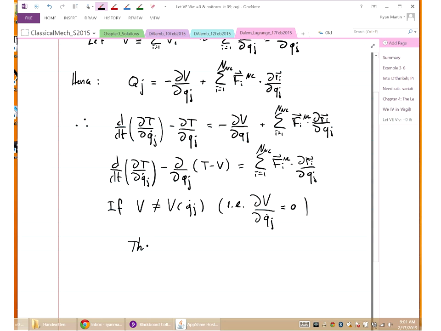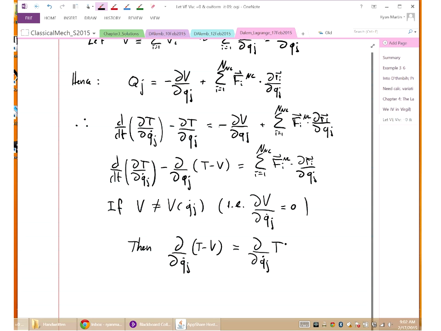In that case, ∂/∂q_j dot of T minus V is the same as ∂/∂q_j dot of T, because ∂/∂q_j dot of V is 0.